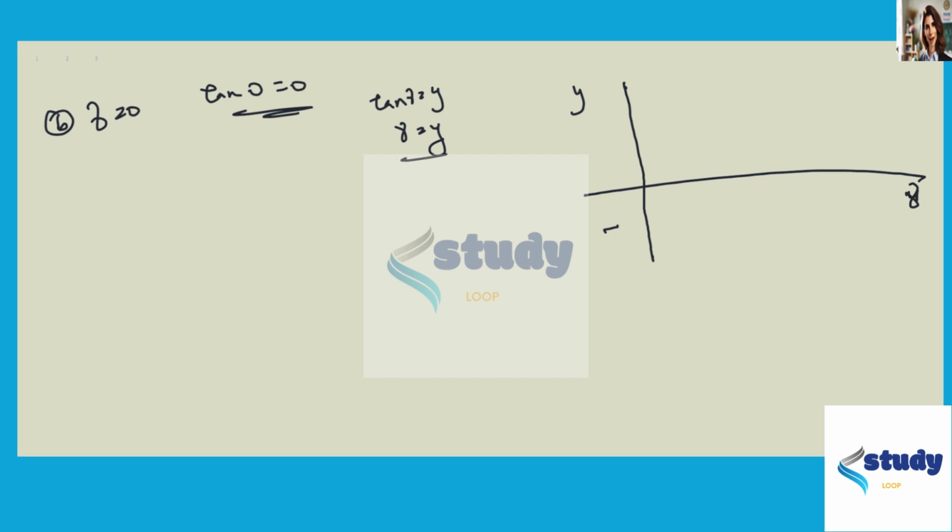So the first graph, which is gamma is equal to y, simply goes like this. Let me draw it a little askew. And tan gamma is equal to y has graphs that look like this. This is the graph of tan theta, if you remember.